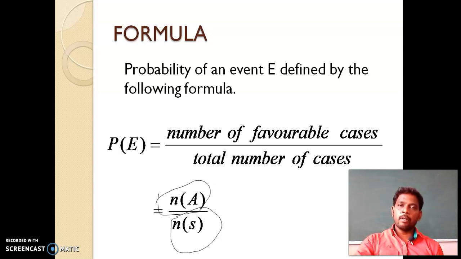So if three questions are asked in the question itself, we can write starting from E1 onwards. So E1 equal to the event of, and E2 equal to the event of, and E3 equal to the event of, according to the question. And then you have to find out the number of elements in the events. Then we have to divide that number of events by the number of sample space. So that is the procedure to find out the answer for every probability question.